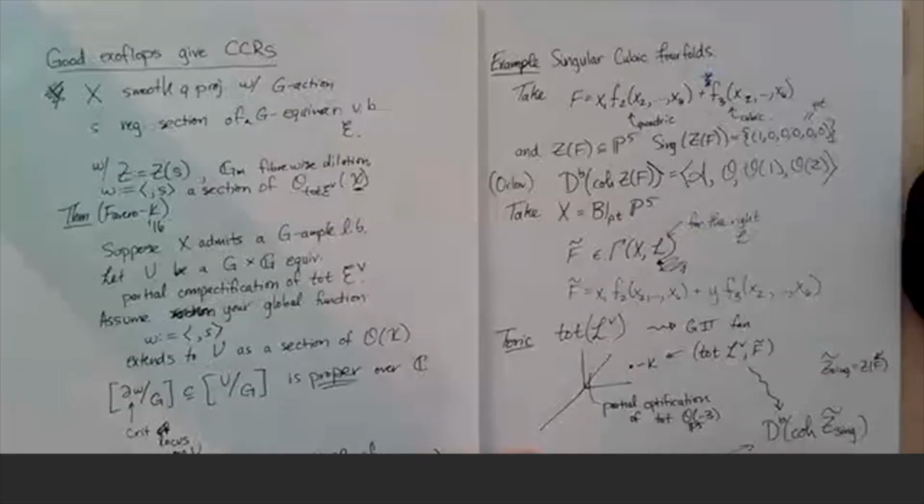So I CR, and then 2 4 given by a cubic and a quadric.